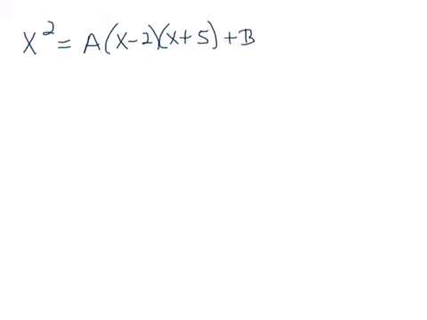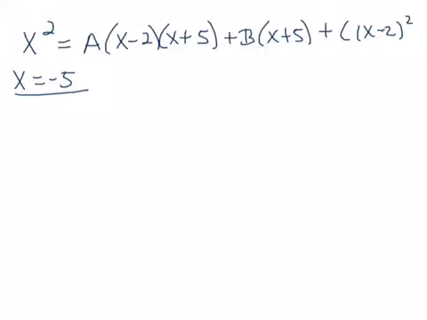Now I have the equation x squared equals A times x minus 2 times x plus 5 plus B, we knew, I'm going to plug it in because I have forgotten what B is. B was 4/7 times x plus 5, and then plus C times the quantity x minus 2 all squared. And remember, in this case, we're plugging in x equals negative 5.